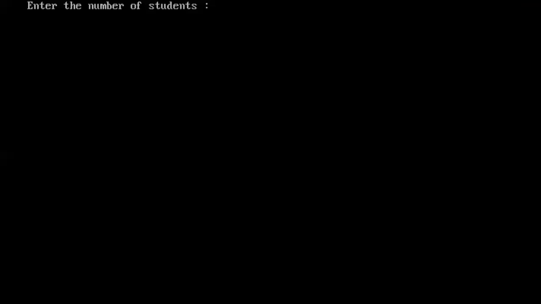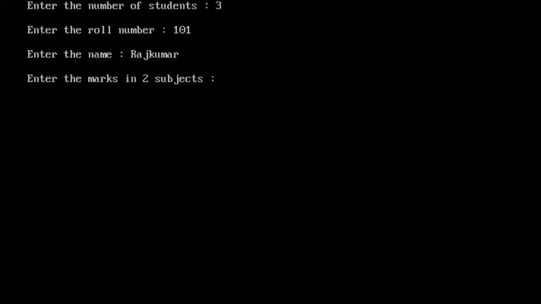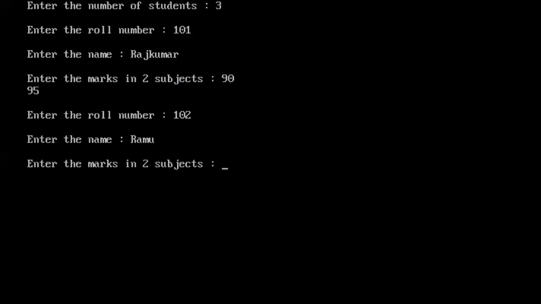Enter the number of students. Taking three students, the roll number is 101 and the name is Rajkumar, and he enters the marks of the subjects as 90 and 95. Then roll number 102 is Ramu. He has scored marks in two subjects: 35 and 40. And next, 103 is the roll number of student 3.